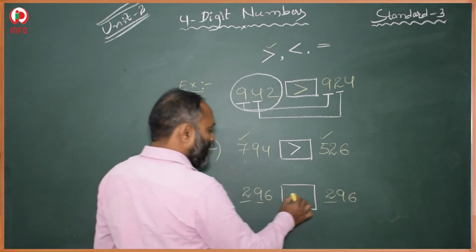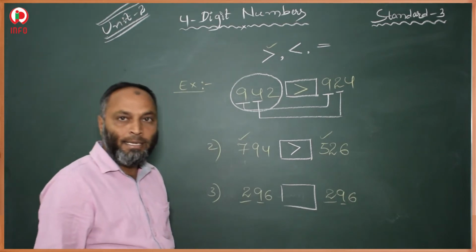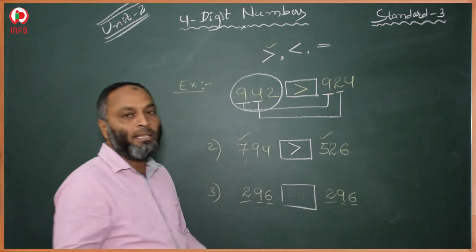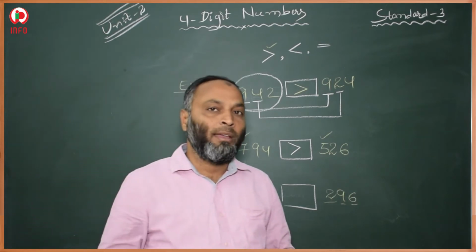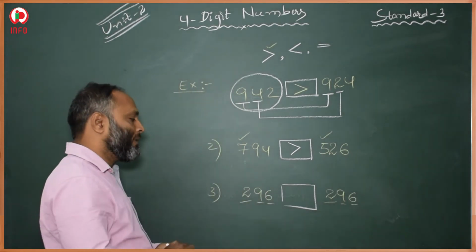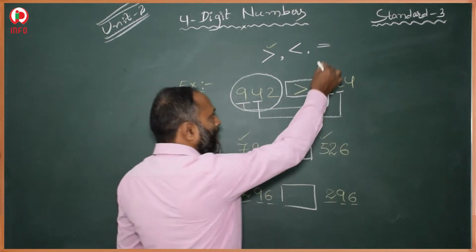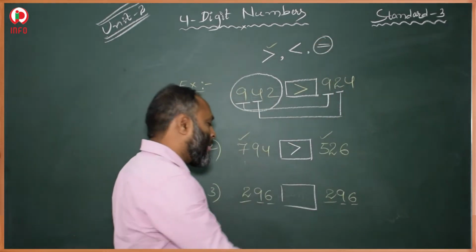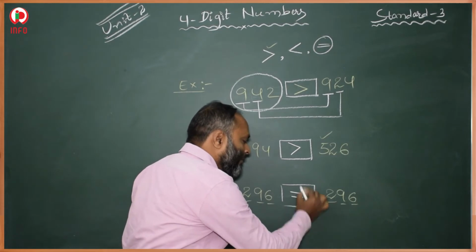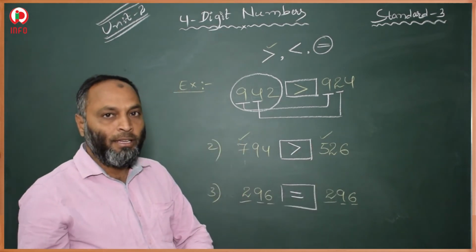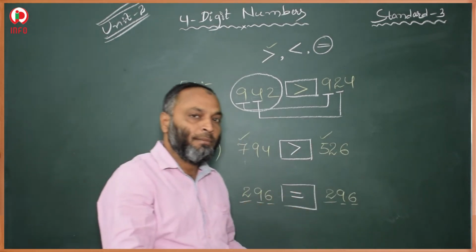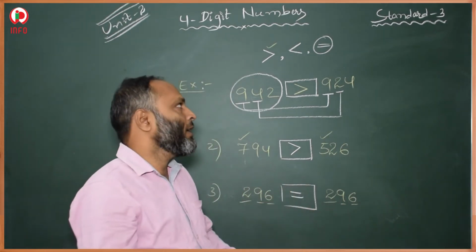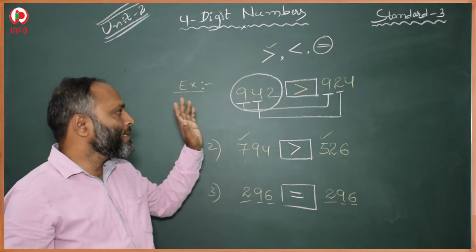In the tens, 9 is there, same, and again 6, both are the same. It means all 3 digits are the same. If all 3 digits are the same, then we use the equal to symbol. It means they are equal. In this way we decide which one is bigger and which one is smaller. If equal, we use the equal to symbol. So this is comparing.